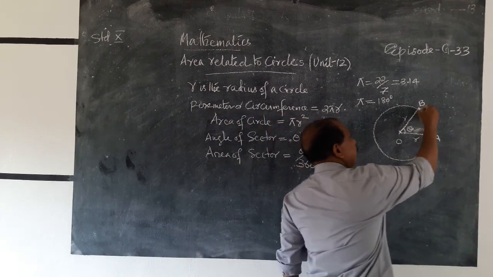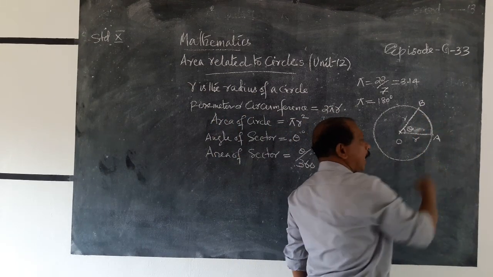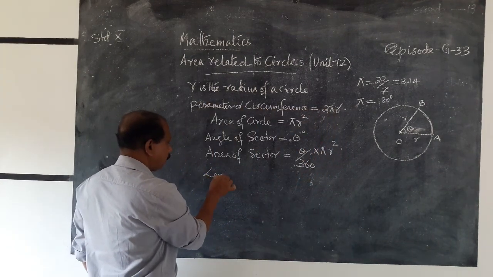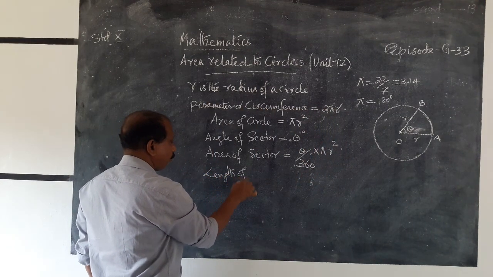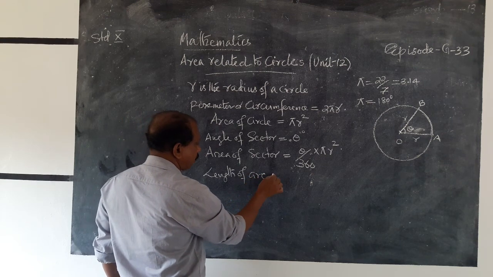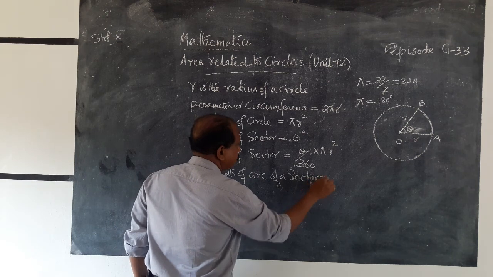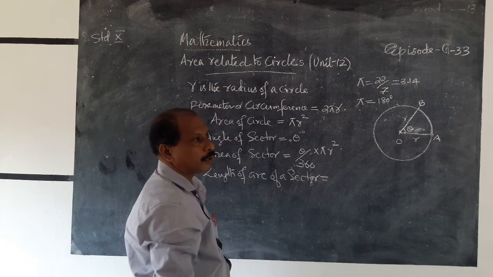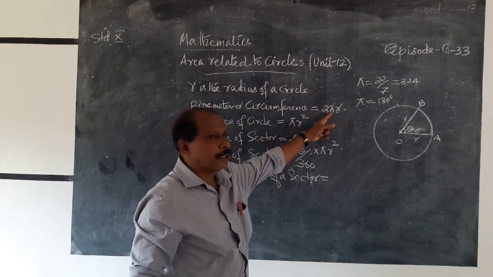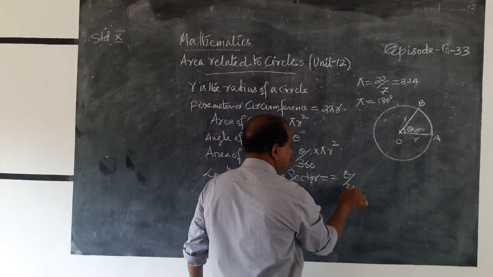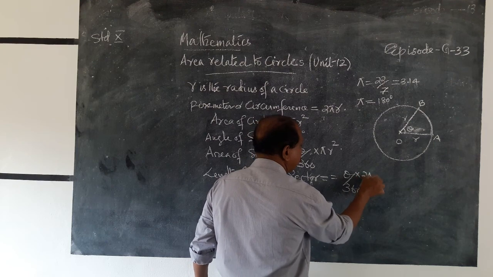Then what is AB? It is the length of the arc of the circle. Therefore, the length of the arc of a sector is the theta by 360 part of the perimeter of the circle, equal to theta by 360 into 2 pi r.